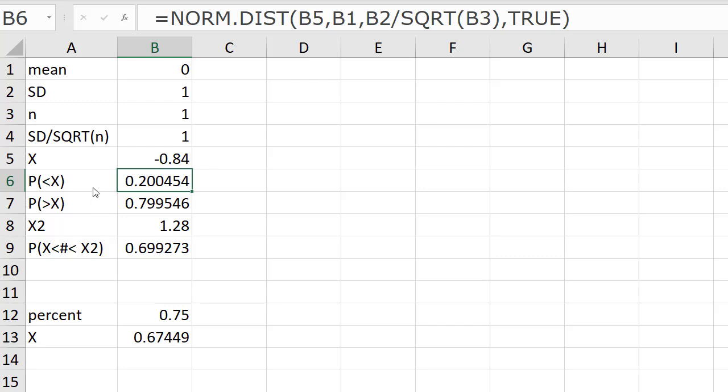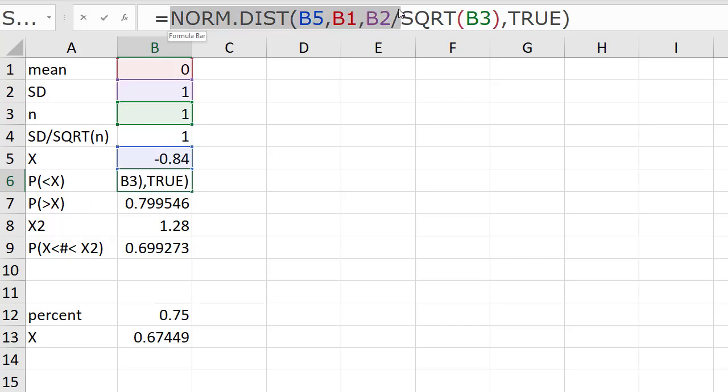Well, how did we get each of those? Again, it's just using the simple norm.dist function. And all you have to do is, instead of typing in these values, you define them by their cells. So remember, the first value has to be the x or the z-score that you're testing with. So that's why it's got the B5 right there. Then the next one has to be the mean. So there's my B1, then comma. The next thing has to be my standard deviation.